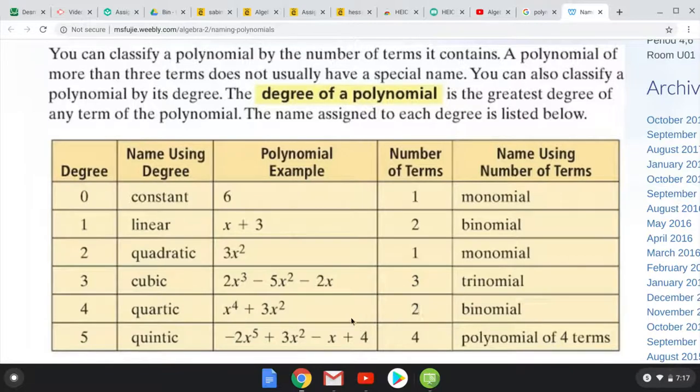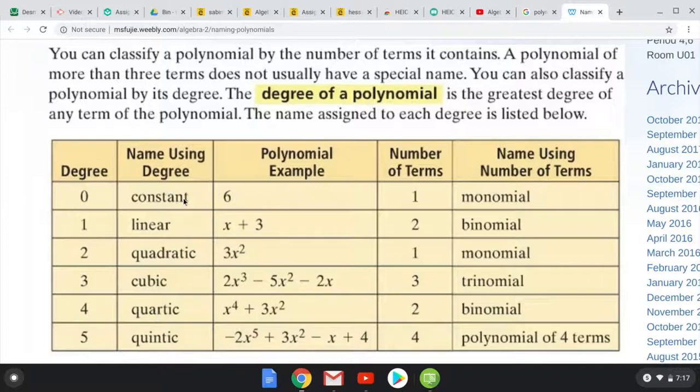So if it has 5 terms, then you could say quintic with 5 terms. So you're figuring out the number of terms, and those are these names: monomial, binomial, trinomial, and then just the number of terms. And then the degree, which is the highest power, are these names.